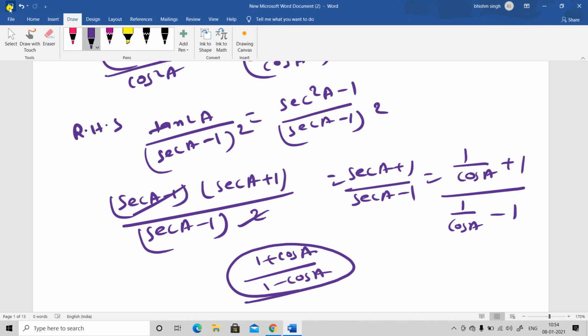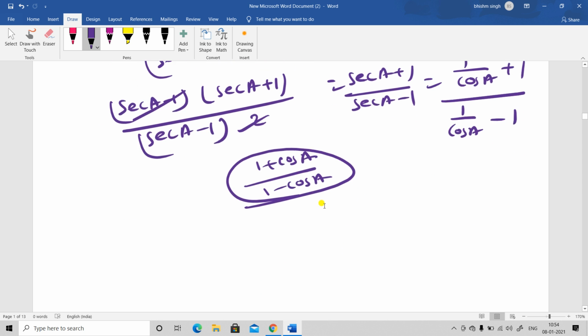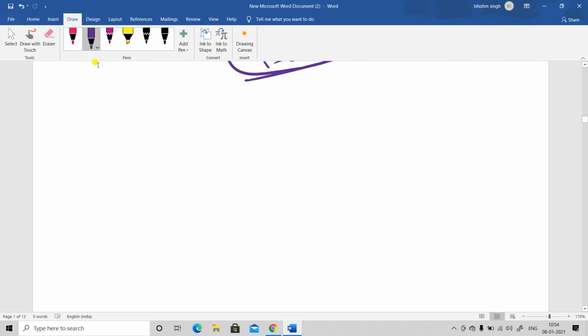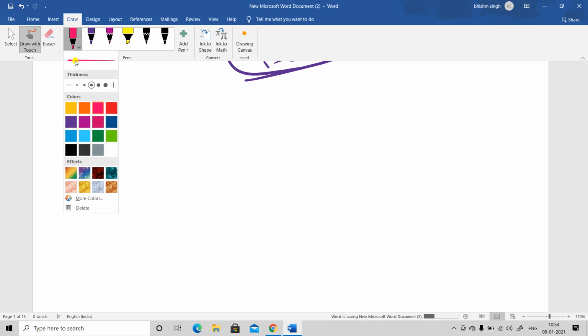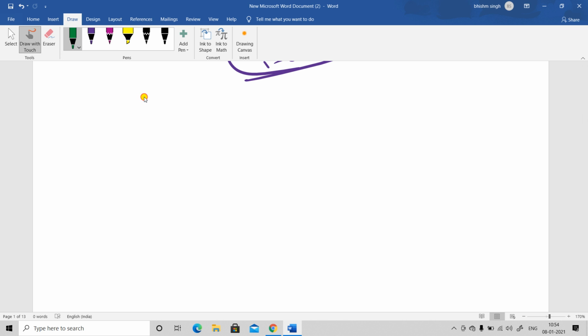This is the answer here. Okay, just simply you will take the LCM, then cos will cancel here, and you will get 1 plus cos a, 1 minus cos a. So this kind of sum you can solve from RHS or LHS, both sides, and both methods are very easy. Okay. Now the next question we will see here.